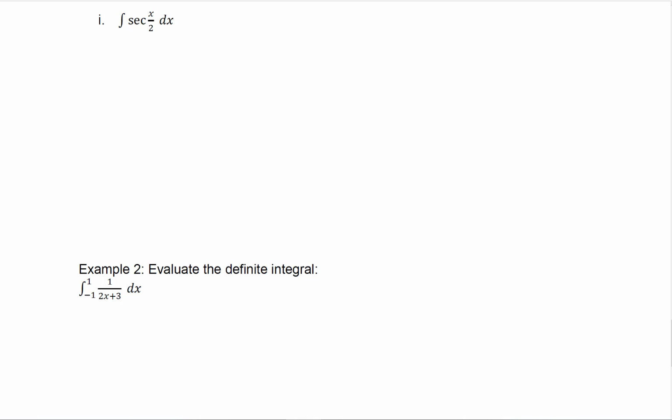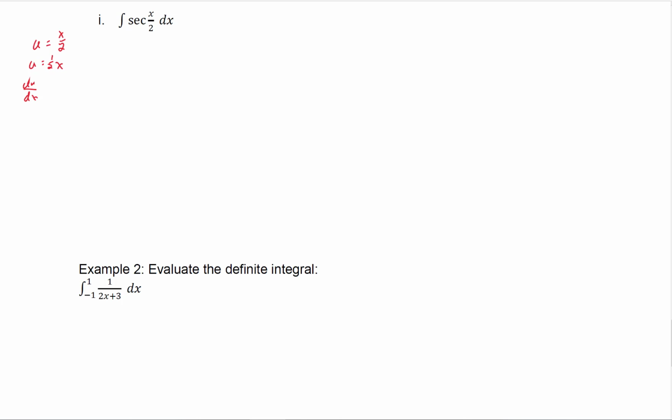All right, so let's do one more example of an indefinite integral. Let's look at the integral of secant of x over 2 dx. The function you should be thinking of is secant of blah, right? Secant u du. So u is equal to x over 2, or u is equal to 1/2 x.